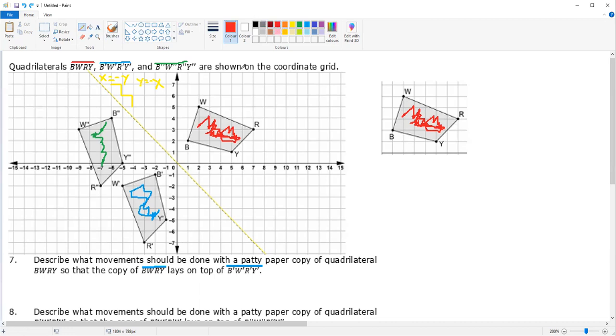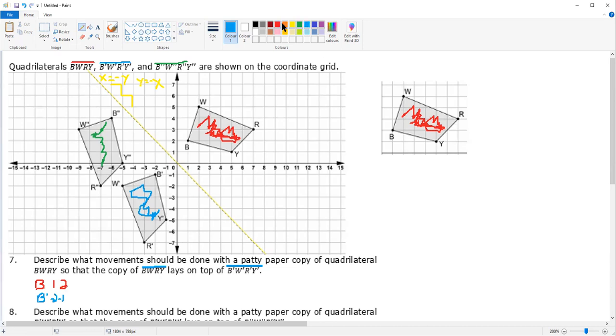My red coordinates for B are x equals 1, y equals 2. My blue coordinates for B prime were negative 2 and negative 1. So I looked at how they related to each other.